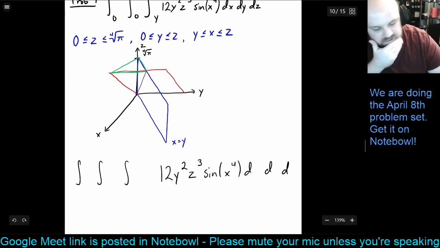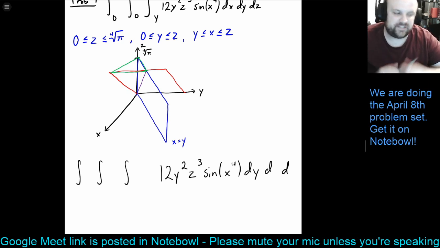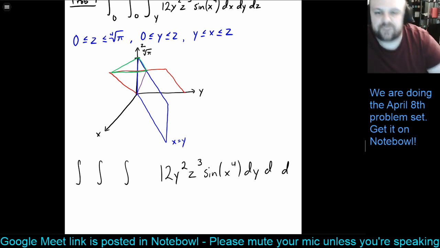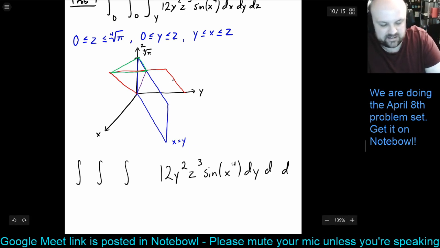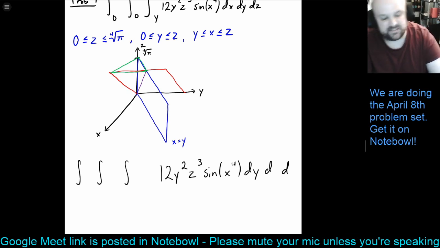Right. So let's integrate with respect to y first, and let's leave the other two off for now and see, after we do that first integral with respect to y, do we get something we can handle? So if we look at this shape, it might still be a little hard to tell, but this red plane here moves parallel to y, so it's never going to come into the bounds, at least in my hand drawing here.